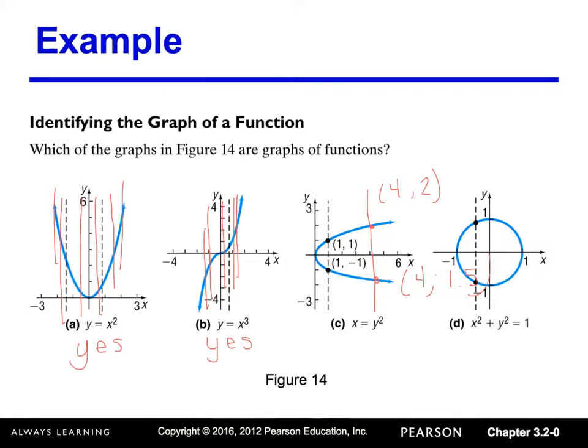So you can see that 4 is paired with 2 different y values, and therefore this is not a function. It does not pass the vertical line test. The same can be said of this graph in D. These vertical lines are meeting in more than one place at a time, and therefore that relation is not a function.